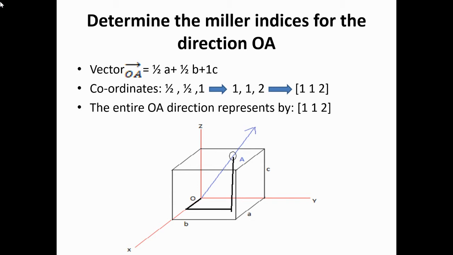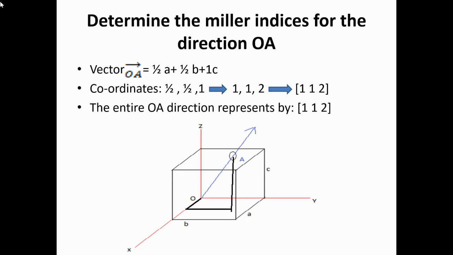Okay, there is another problem I have given to you. You have to determine the Miller indices for the blue line direction which is given. So what is the first step?